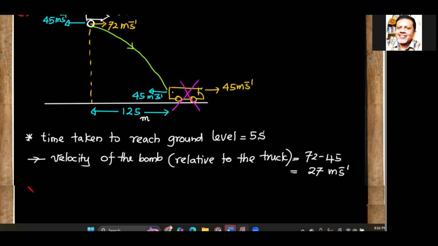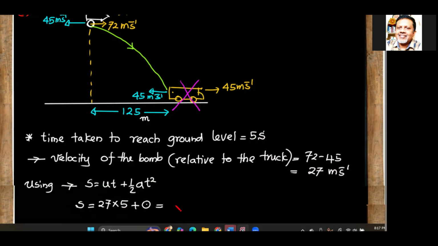Okay, right. Then using the equation in the horizontal direction, s equals ut plus half at squared, and if you substitute the time as 5 seconds and the velocity as 27, we can calculate the horizontal displacement: u equals 27 into 5, plus the other terms will not come, right? So what is the value?